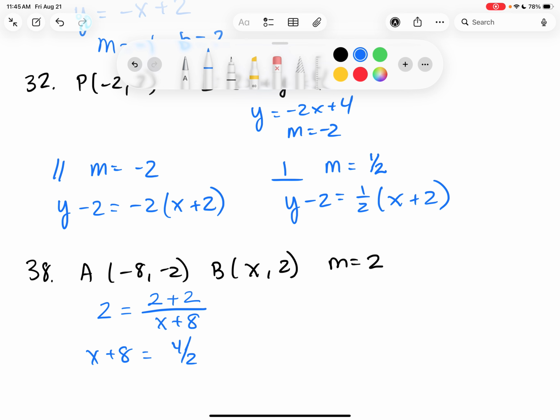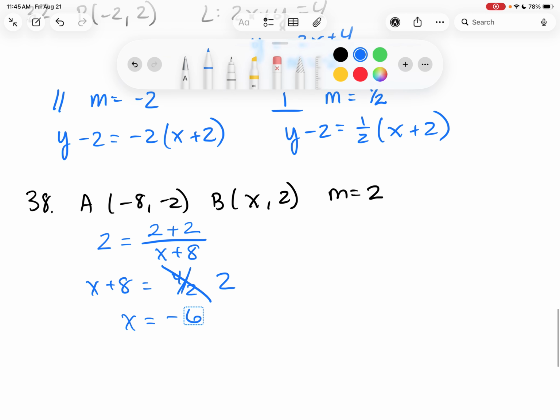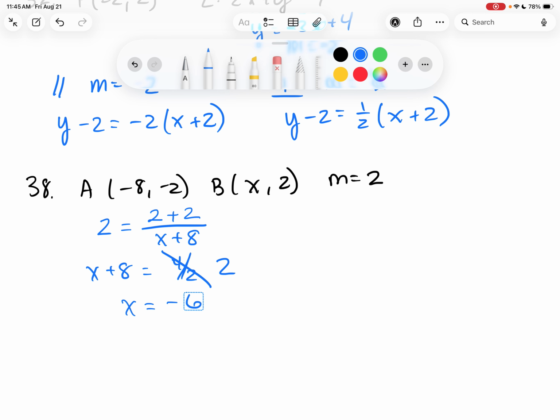Obviously, that reduces down to 2. And then subtract 8, so x is equal to -6. And you can always plug it back in to check and make sure that it works when you're done, in case you're not sure. Any questions about that?